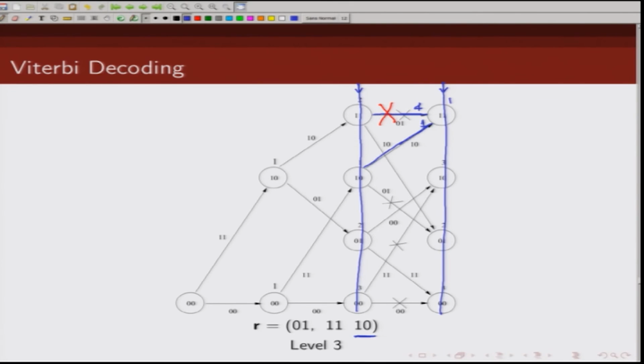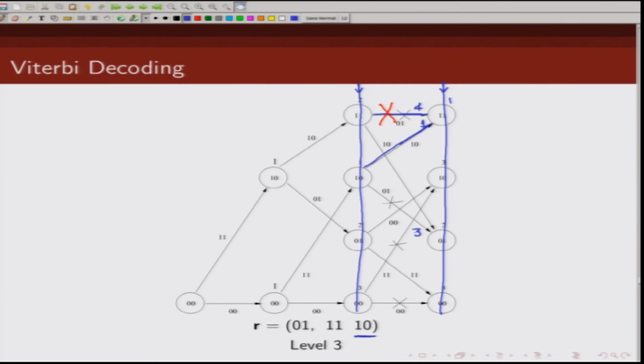Let us just take this example, this node 0 1. So, one path metric we will get by adding the partial path metric of this, which is 1, and 0 1 and 1 0, which is Hamming distance of 2. So, 1 plus 2, this path is giving me a partial path metric of 3. What about this path?